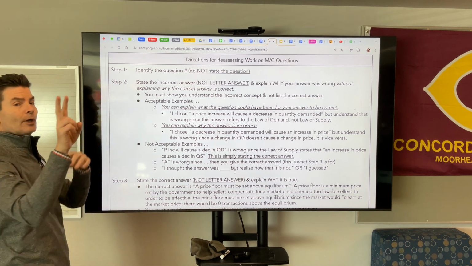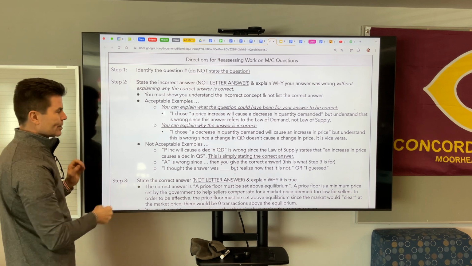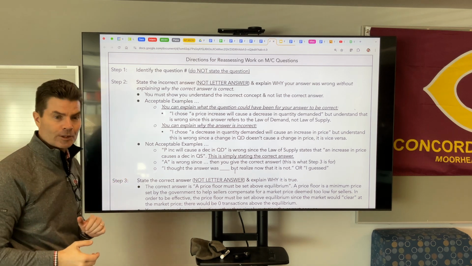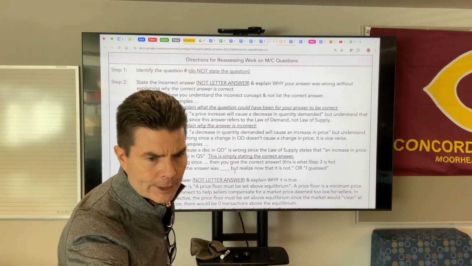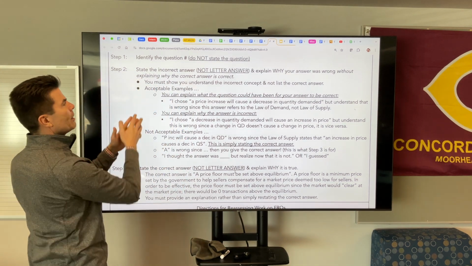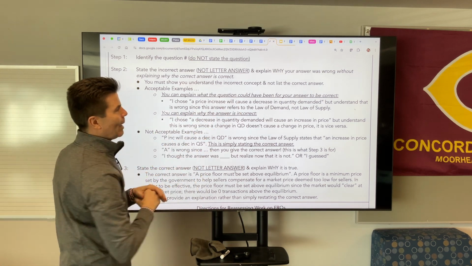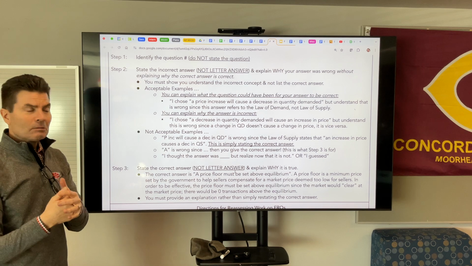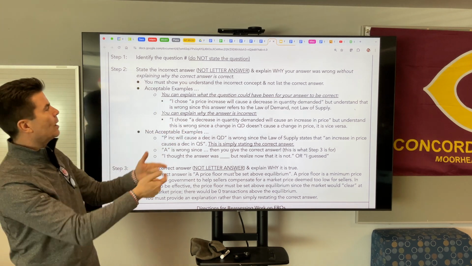There are three parts to this, really two. Step one is stating your incorrect answer. Step three is stating your correct answer. Now this section here is only for the multiple choice. Here are some acceptable examples. You can explain what the question could have been, such as this: I chose a price increase will cause a decrease in the quantity demanded.